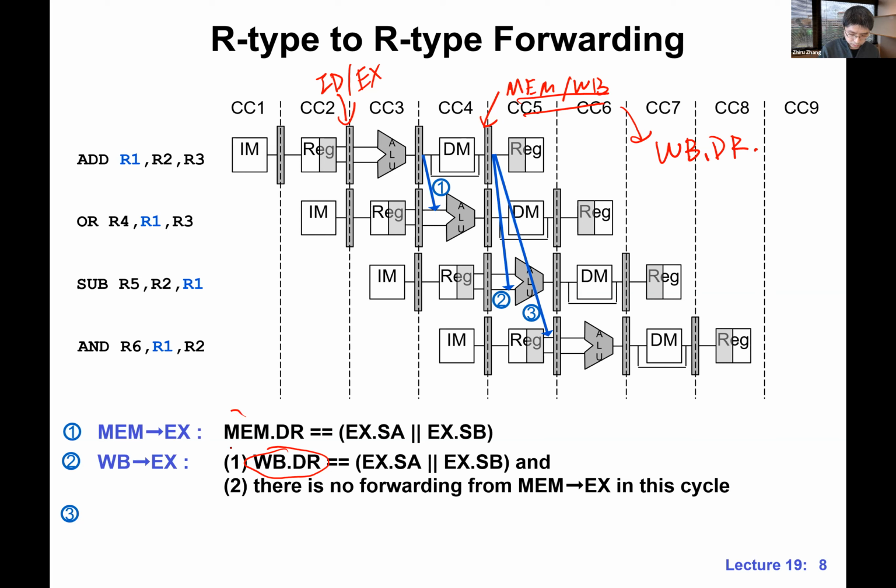You want to find MEM.DR, so we look for EX/MEM. Does it make sense? So per stage, we just look at the pipeline register on the left because that's what we are reading from, and we are writing to the register on the right. Any more questions?